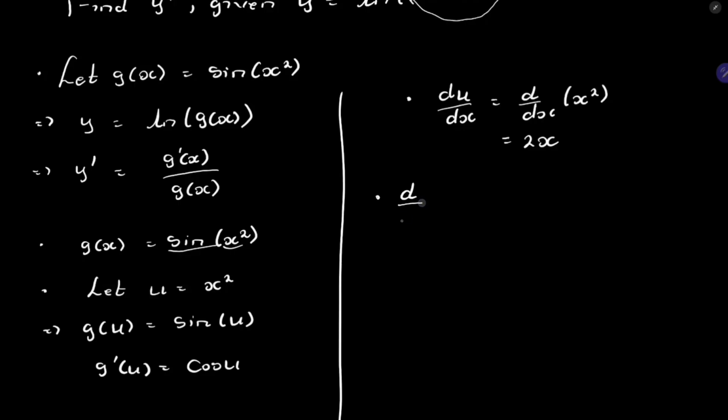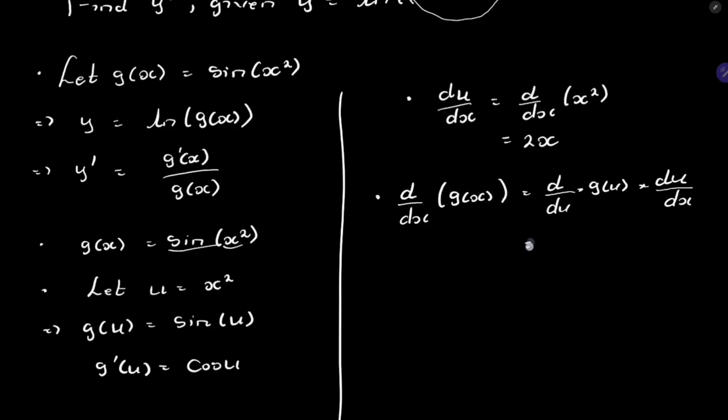Now the derivative with respect to x of g of x is the derivative with respect to u of g of u times the derivative of u with respect to x. This is the same thing as g prime of u times u prime.